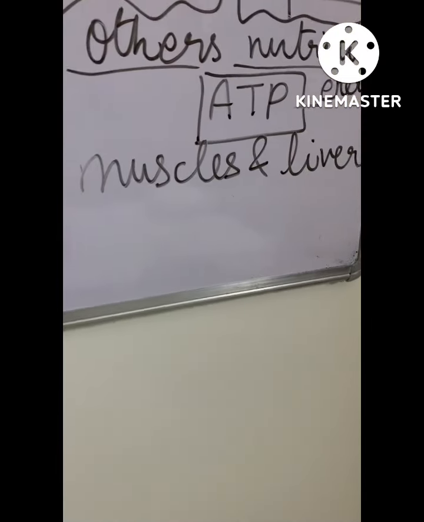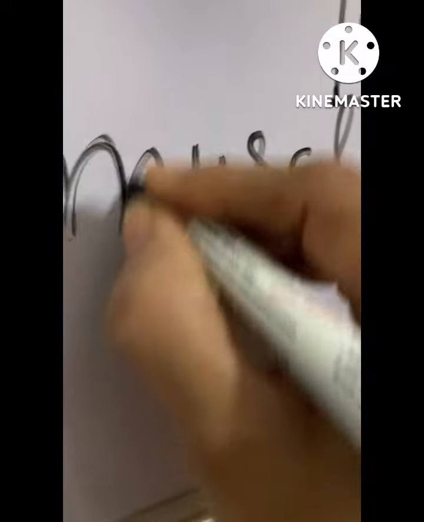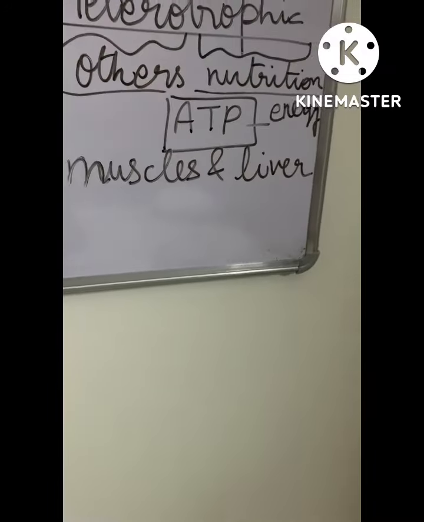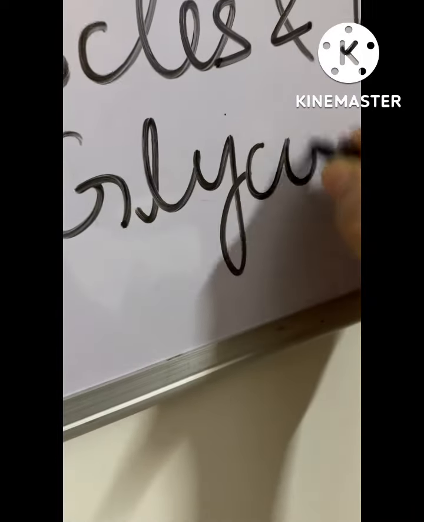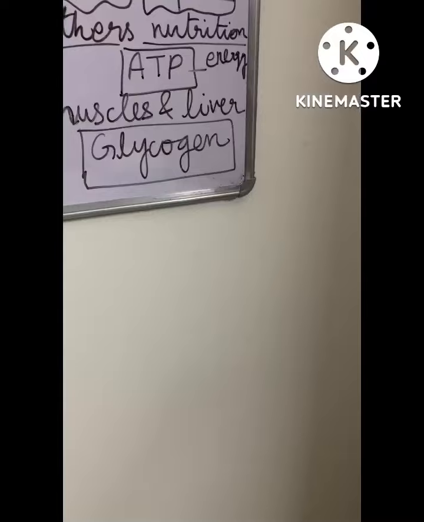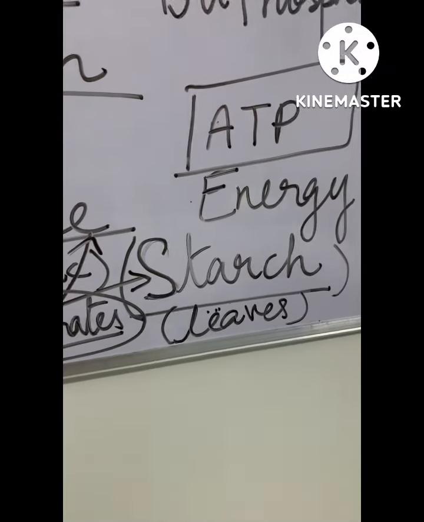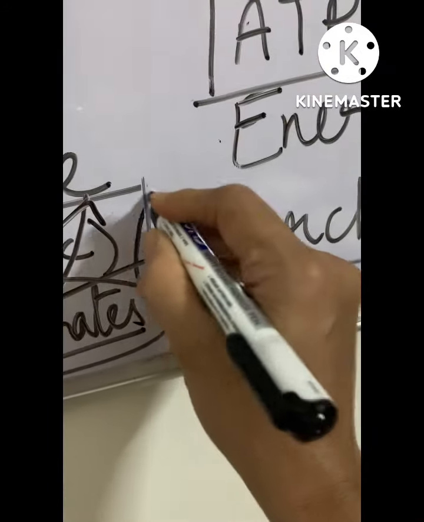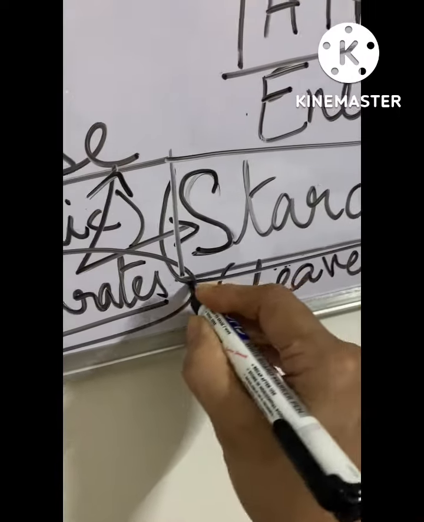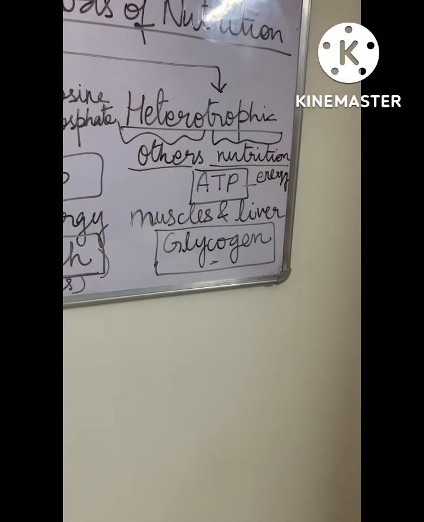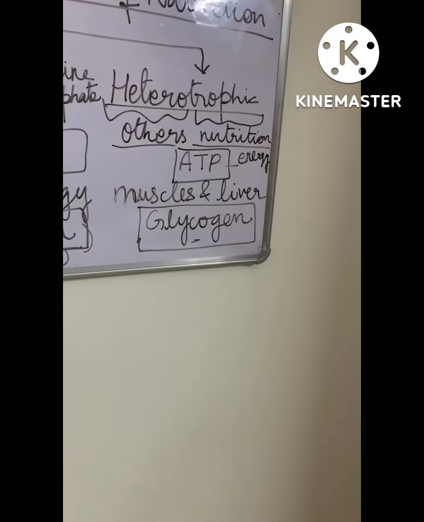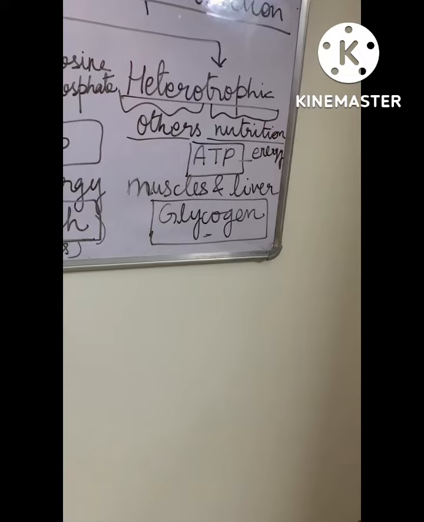So that unutilized food or unutilized energy is stored in muscles and liver in the form of a compound known as glycogen. And in the case of plants, the unutilized food or the unutilized energy is stored in leaves in the form of starch. So I hope this is clear to you. Next, we will do heterotrophic nutrition in detail, and then we will come to autotrophic again.